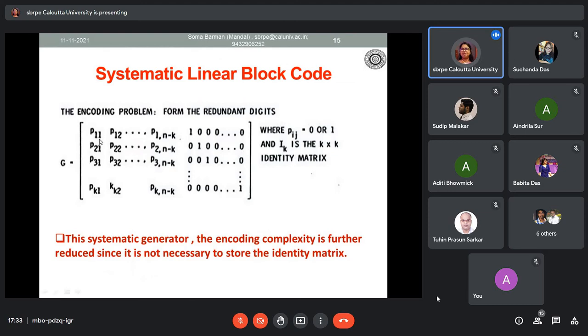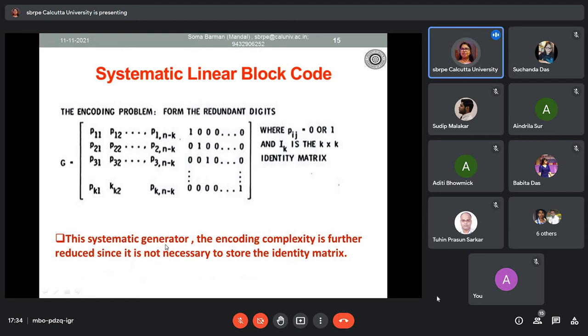It can be generated this way: P11, P12, P21, similarly for k number of message bits, Pk1, Pk2, up to Pk(n minus k). This n minus k is your parity bit dimension, because n minus k is your redundant bits. This many redundant bits you are adding, and this is your I matrix. So the generation of the generator matrix is very easy in case of systematic linear block code.